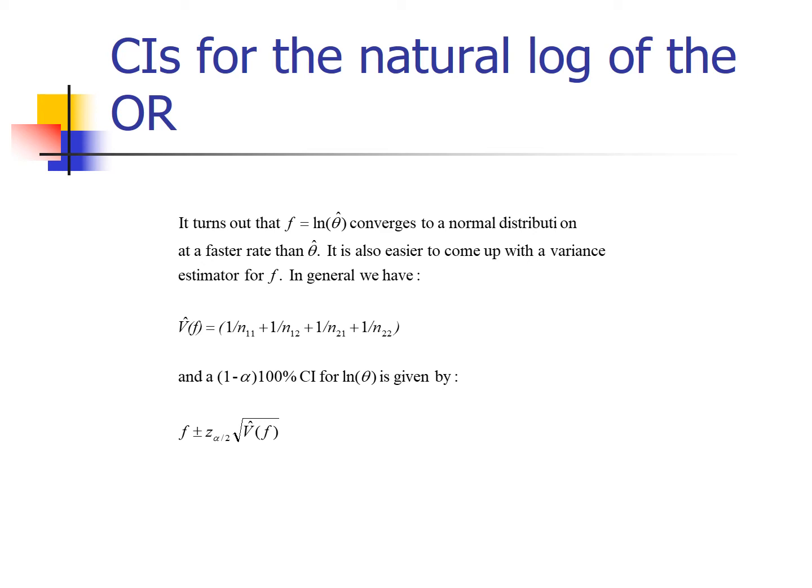So how do we do a confidence interval for the natural log? Well, it turns out that this script f is just going to be shorthand for the natural log of our odds ratio. It turns out that converges to a normal distribution at a faster rate than the actual odds ratio itself.